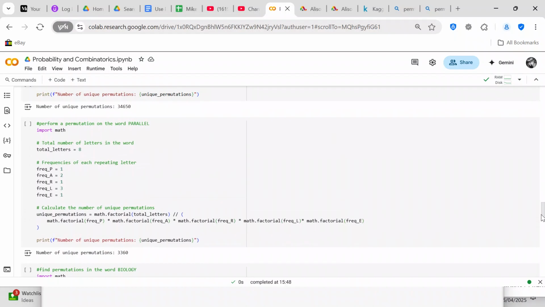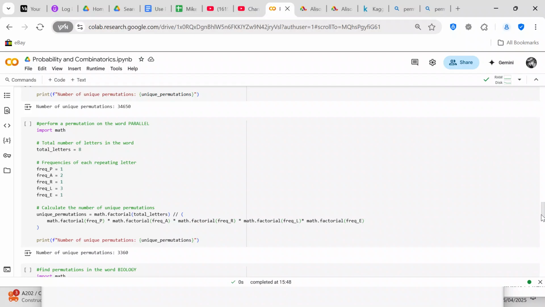So we have another way. Another thing that you can do is perform a permutation on the word parallel. So you import Python's inbuilt library math. The total letters is 8. The frequencies of each repeating letter are: frequency P is 1, frequency A is 2, frequency R is 1, frequency L is 3, and frequency E is 1.